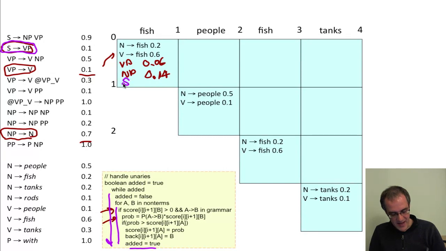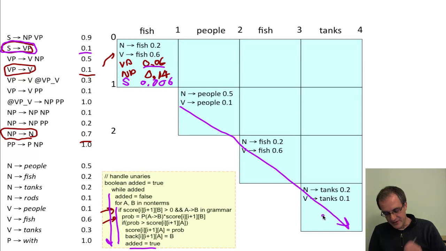So we'll also build an S, and the probability of that will be 0.1 times the probability of the VP, so that'll be 0.006. Okay, and so then we're going to apply the unary rules down the other cells of the lexicon.